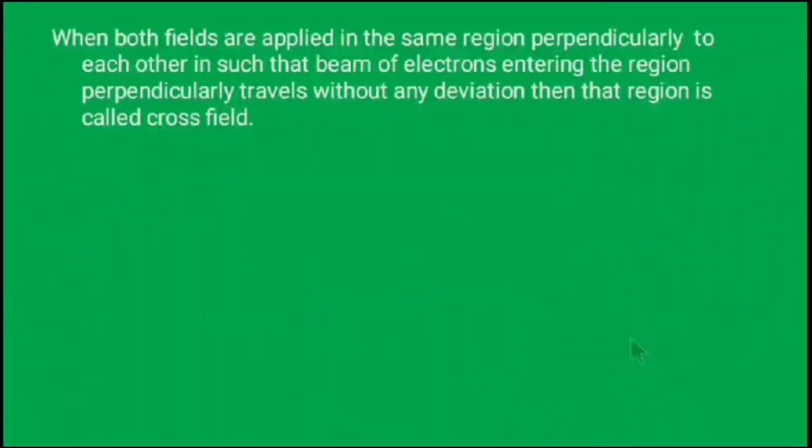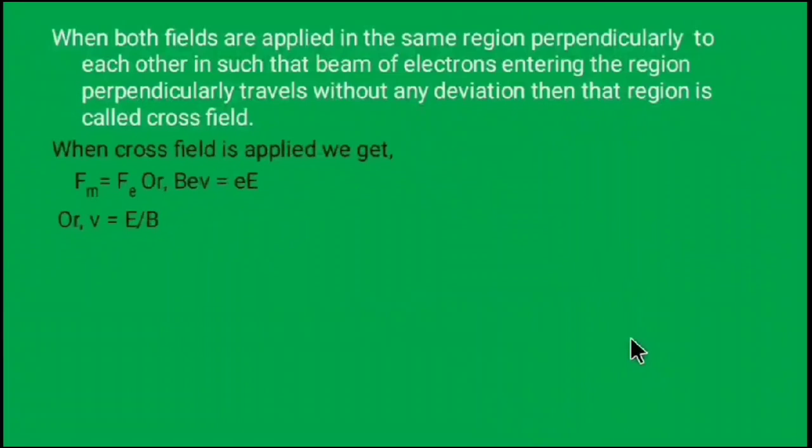As I already mentioned, when both electric and magnetic fields are applied in the same region perpendicular to each other in such a way that the beam of electrons entering the region perpendicularly travels without any deviation, that region is called a cross field. So when we apply the cross field, the upward electric force will be balanced by the downward magnetic force, because of which the net force experienced by the horizontally moving charged particle will be 0.